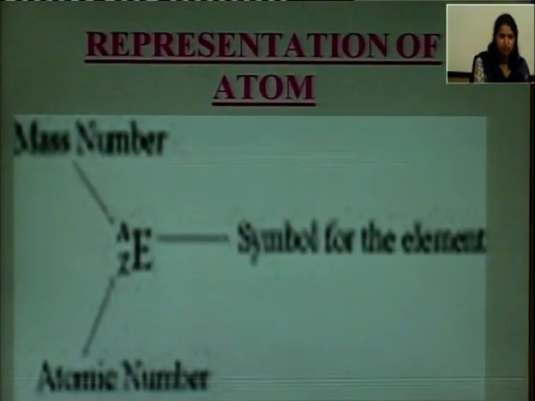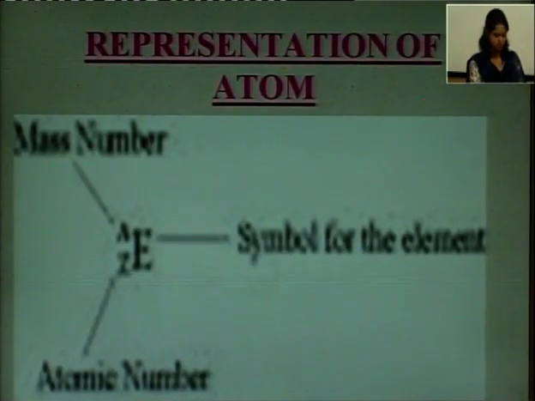For example, if E is the symbol of an element, we represent the mass number as A and the atomic number as Z. So, how to write the mass number and atomic number? Atomic number is written at the bottom, while the mass number is written at the top.